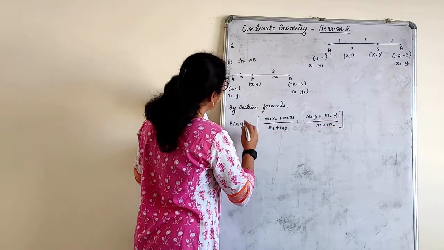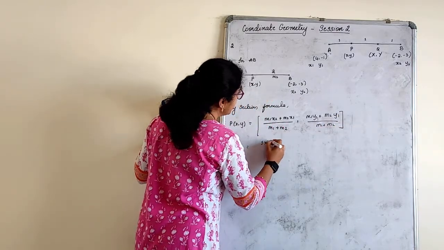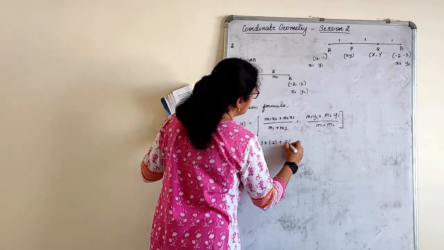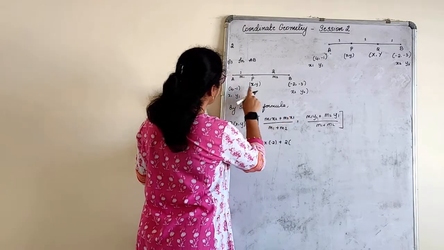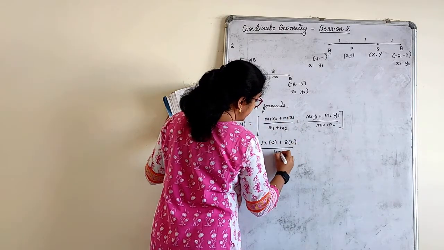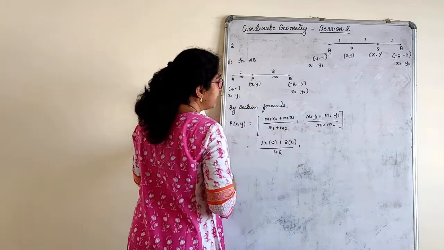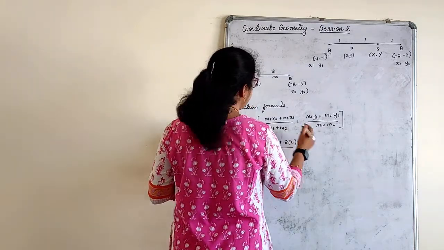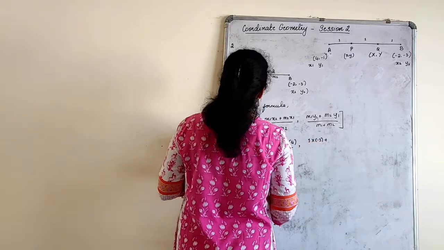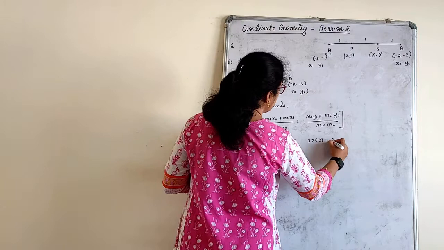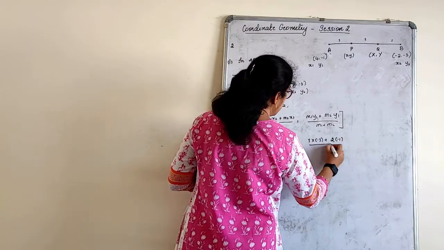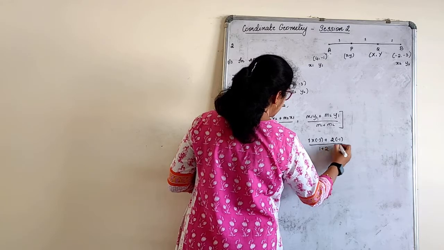So what is m1 here? 1 into -2, plus what is m2? 2. 2 into x1, x1 is 4, divided by 1 plus 2. m1 is 1, y2 is 3, plus m2 is 2 and y1 is -1, divided by 1 plus 2.